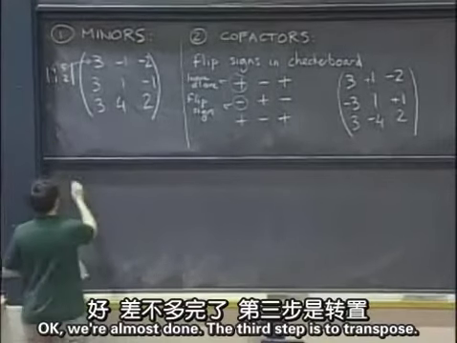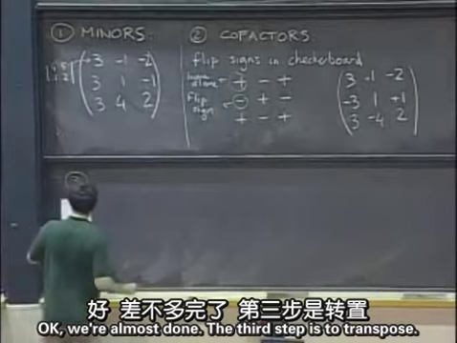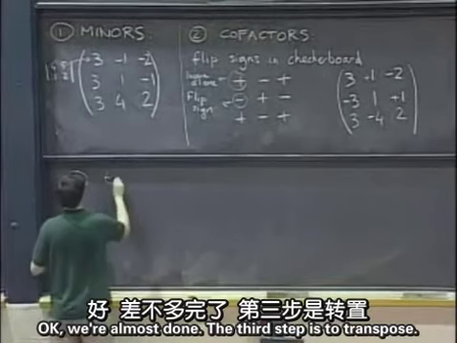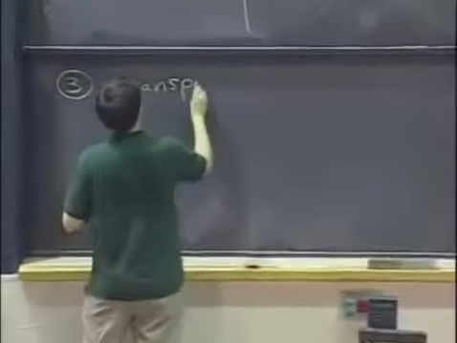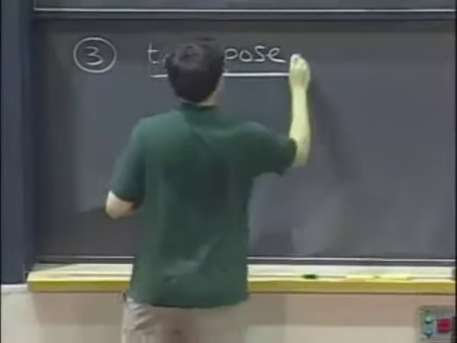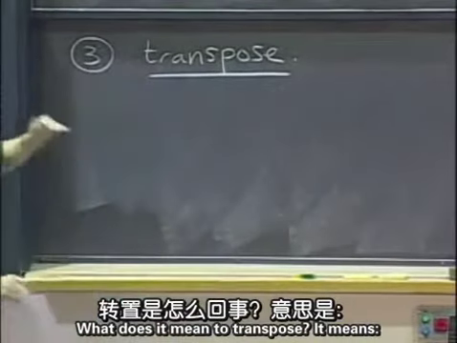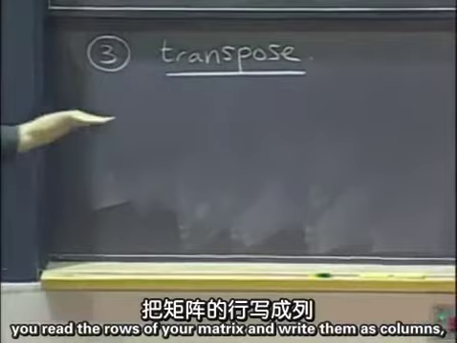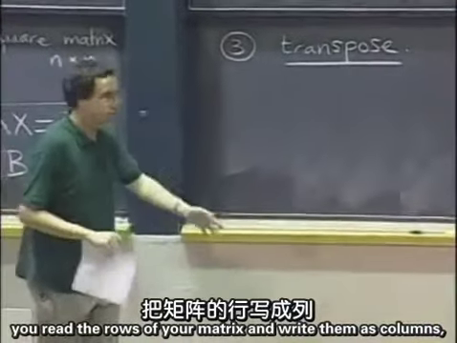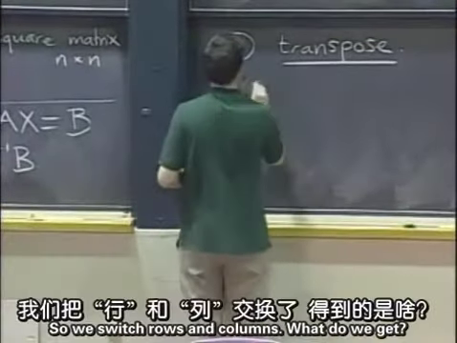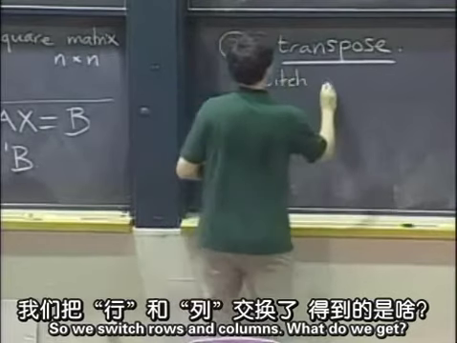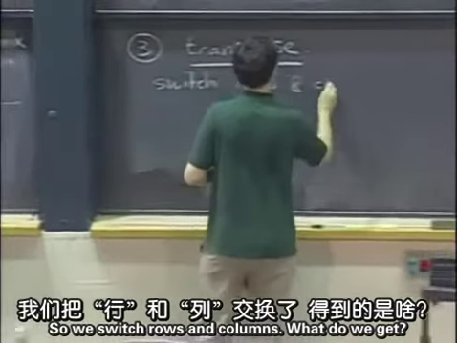We're almost done. The third step is to transpose. What does it mean to transpose? It means you read the rows of your matrix and you write that as columns, or vice versa. So we switch rows and columns.